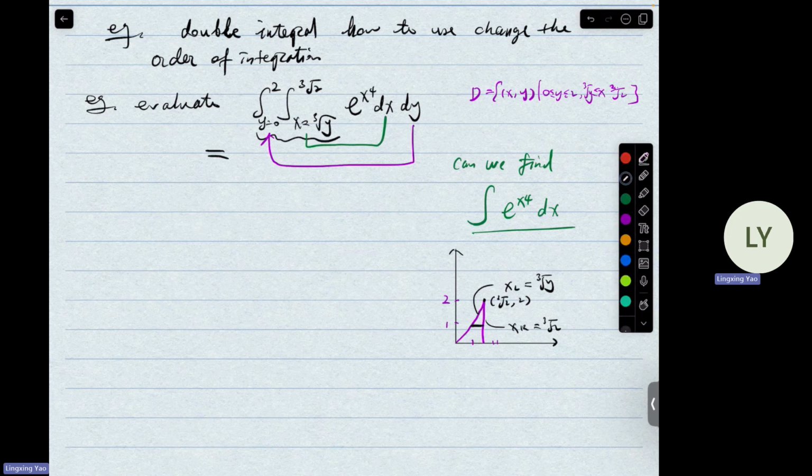But that causes difficulty in finding the antiderivative. And we notice that because this integrand only involves x, how about we integrate with respect to the y variable first to see what we're going to get.